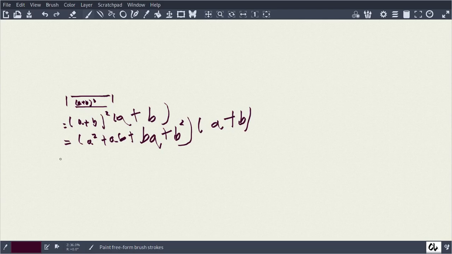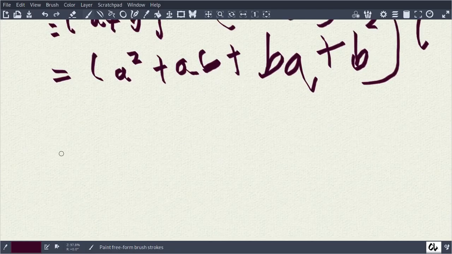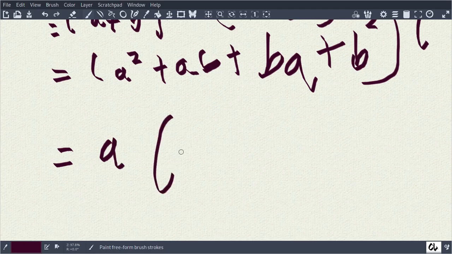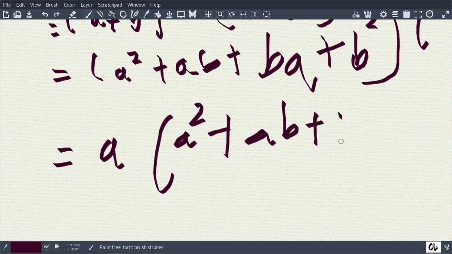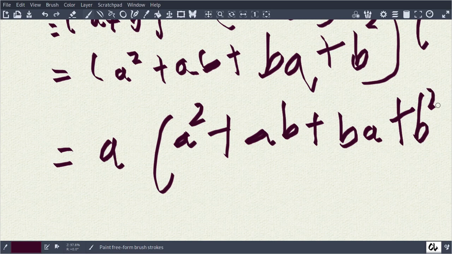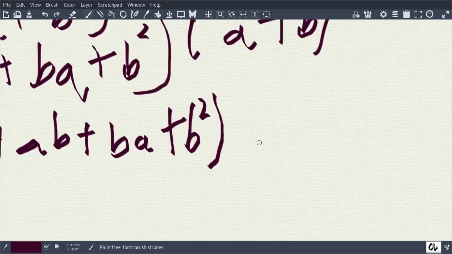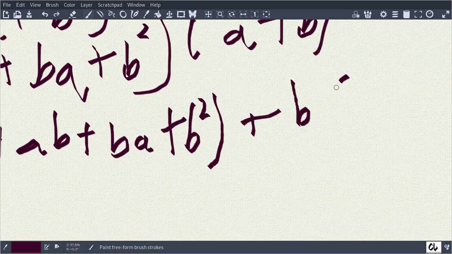We can say that this must be equal to a times a squared plus ab plus ba plus b squared. Now why am I not just writing 2 times a plus b? It's so that we can know what's going on in here.